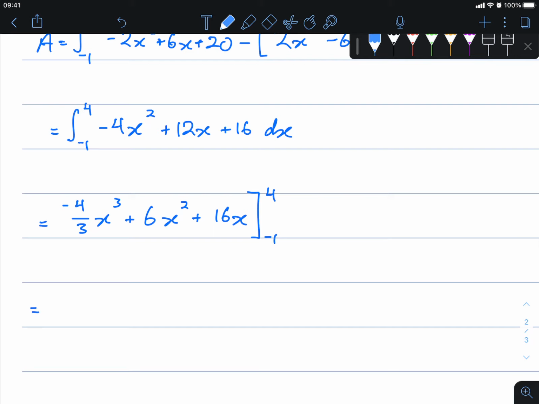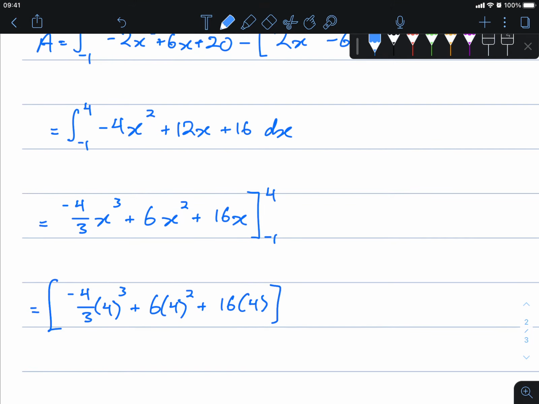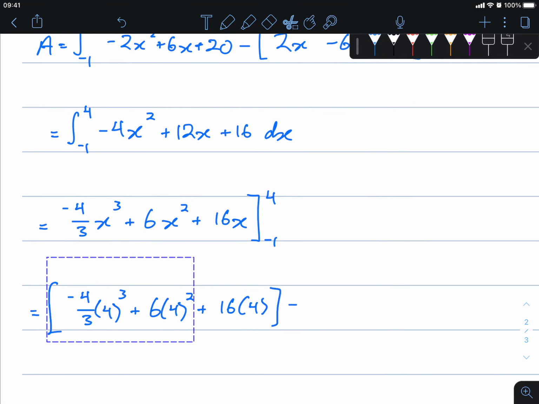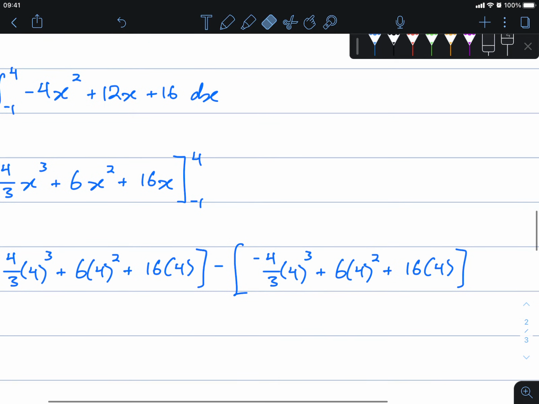As before, we're just now taking this value here and replacing x with the value of 4 first. We're going to subtract from that the exact same thing but this time substituting the value of -1.